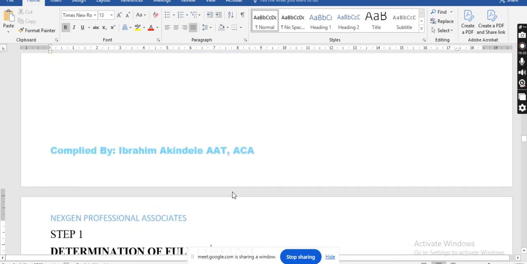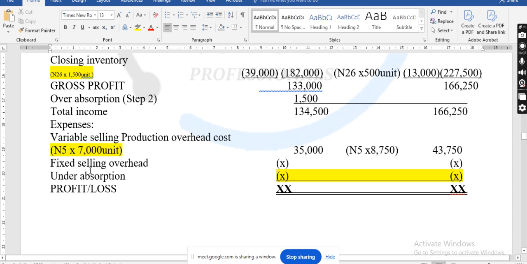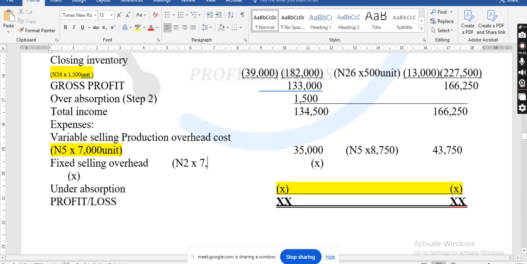So we multiply 2 naira times 7,000 units. What do we have? 14,000. Okay, 14,000.